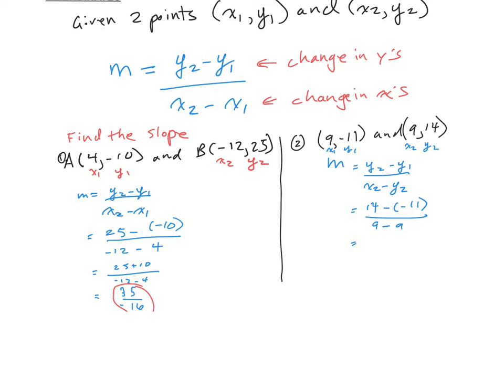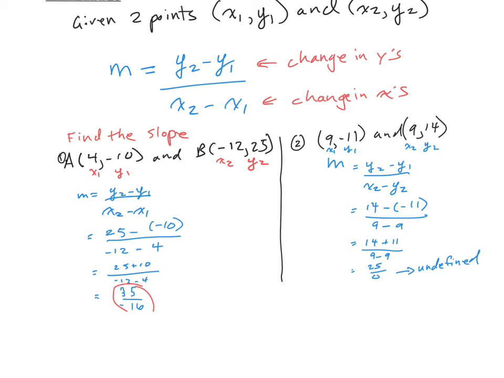If there's a negative, put a bracket around it so that you recognize it. You're going to get 14 plus 11 divided by 9 minus 9. This is 25 over 0, which we say is undefined. And we're done. Two examples, we're good to go.